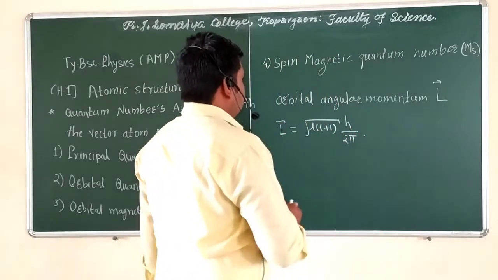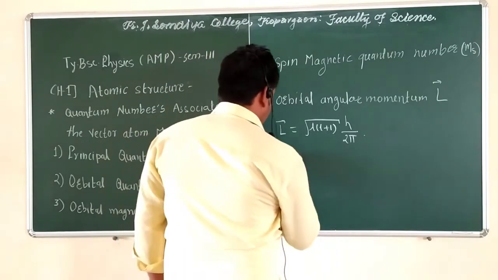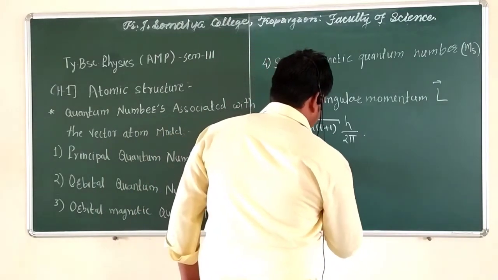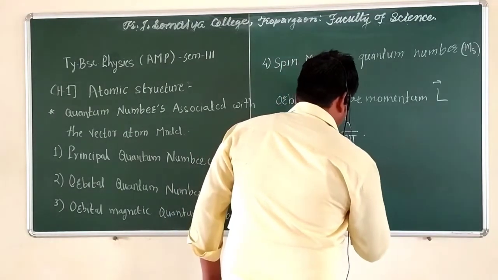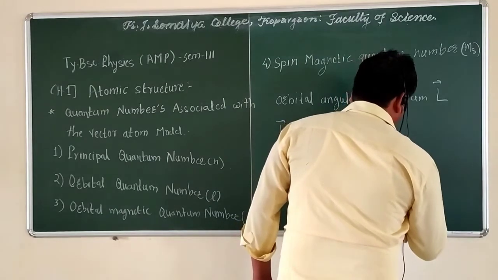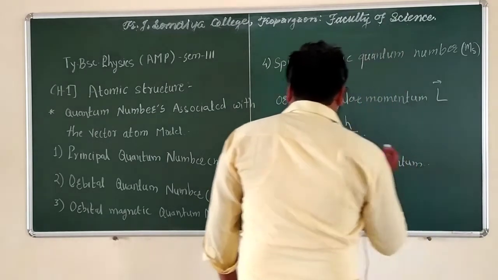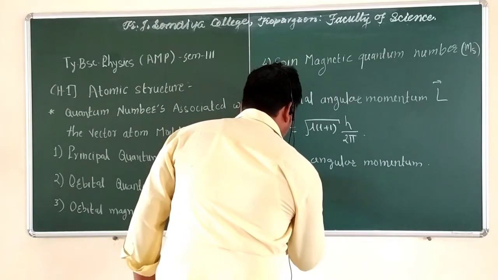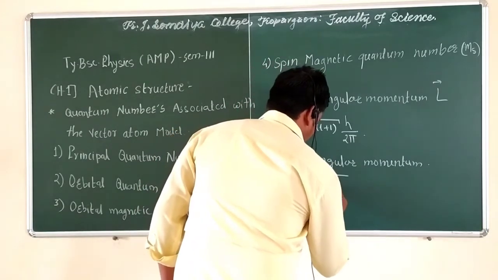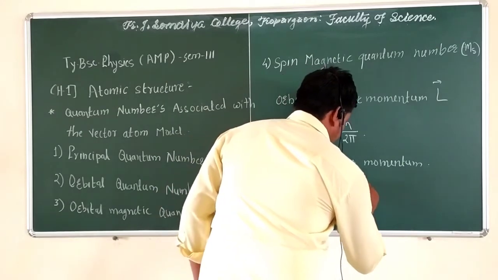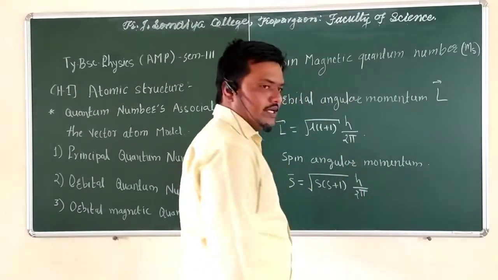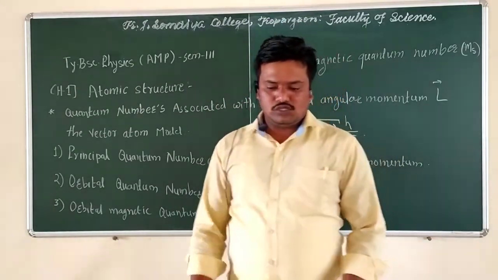And the spin angular momentum s is equal to the square root of s into s plus 1, times h upon 2 pi, and h upon 2 pi is nothing but h cross.